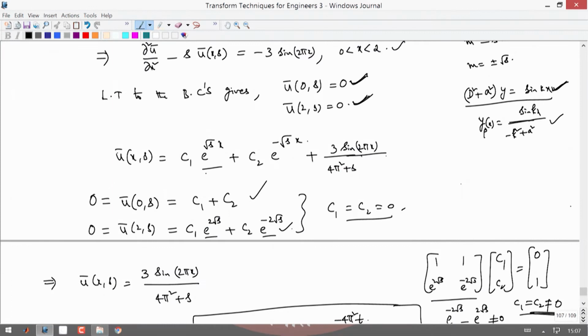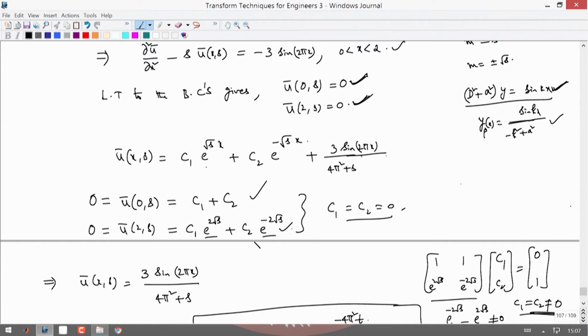Let us look at the solution, ū(x,s) is this. If c1 is non-zero, you have to evaluate the Laplace inversion of e^(√s x), x positive, for which the contour integration technique may fail.